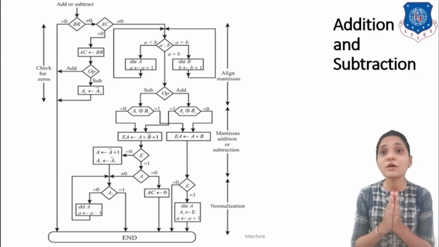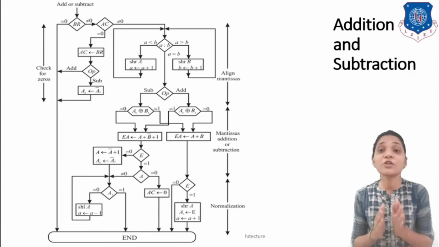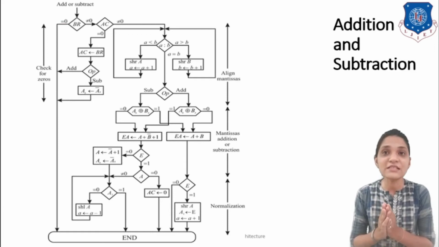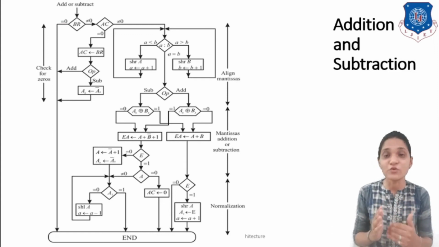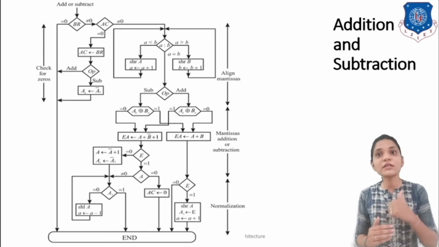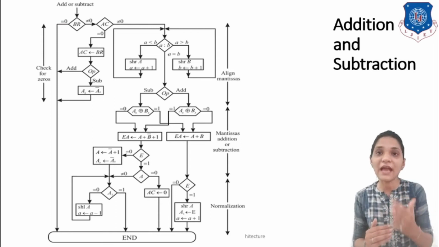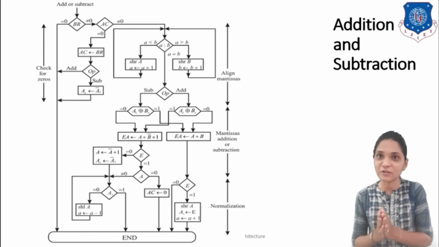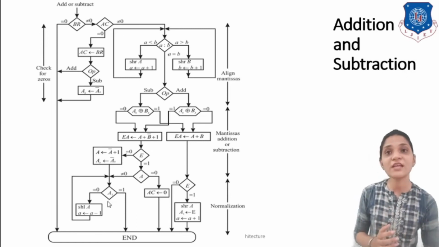But if your operation is addition, but both numbers have different signs, that means one is positive, another is negative, then although you were told to do the addition operation, actually you are going to do the subtraction operation, because one is positive, another is negative. Okay. So you have to check for that.